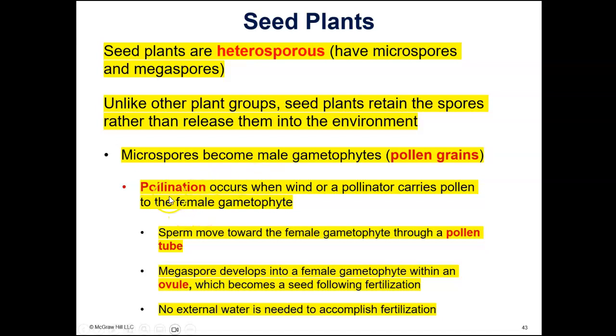They're called ova. Now, we know fertilization is when the sperm meets the egg, but pollination is when either the wind carries the pollen or an animal pollinator, like a bee, carries the pollen to the female gametophyte, and then the pollen grain will grow a pollen tube, which will carry the sperm to the ova or egg, to the ovum.